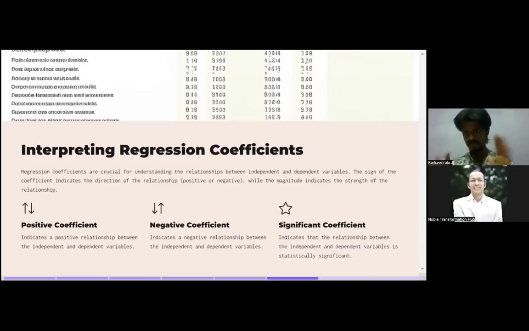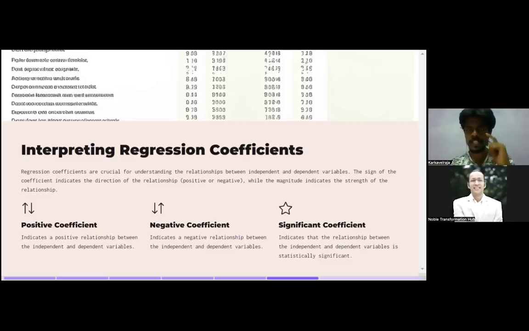A positive coefficient indicates a positive relationship between the independent variable and the dependent variable. Let's consider an example: the hours a student studies and the student's mark.